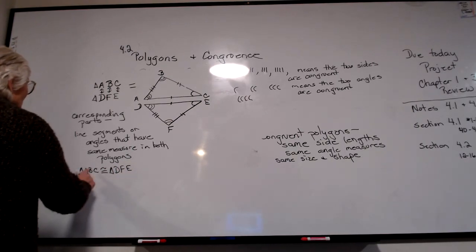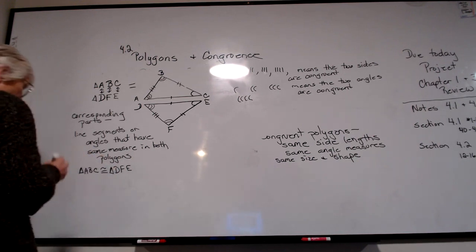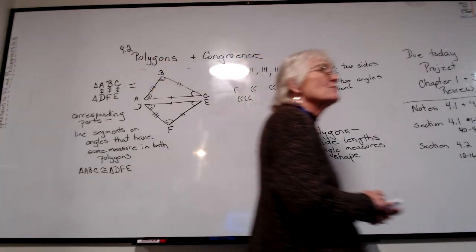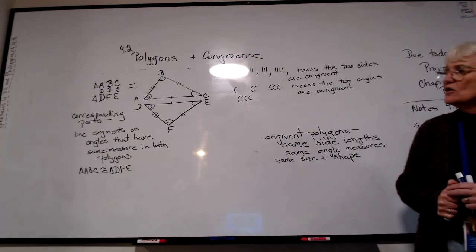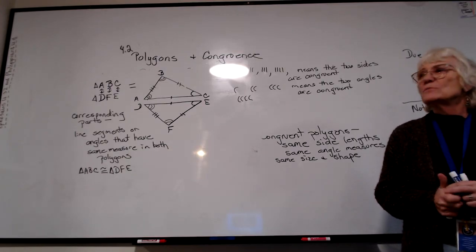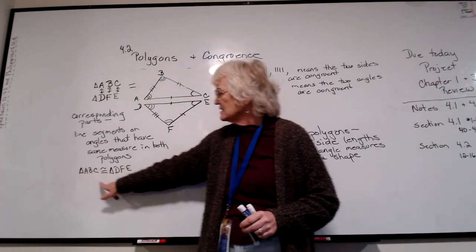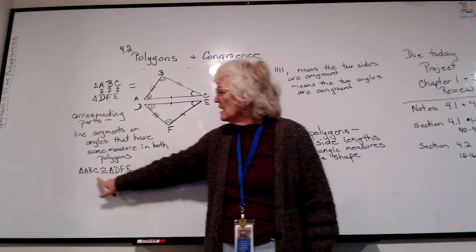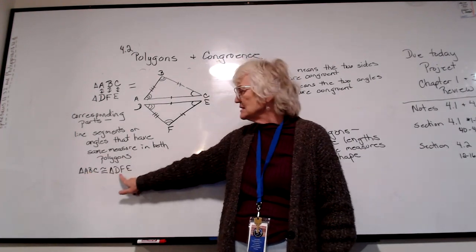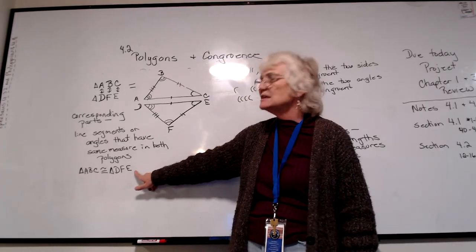A and D are the same, B and F are the same, C and E are the same. So you have to write it that way so that, just by that statement, I can tell you that A is equal to D, B is equal to F, and C is equal to E.